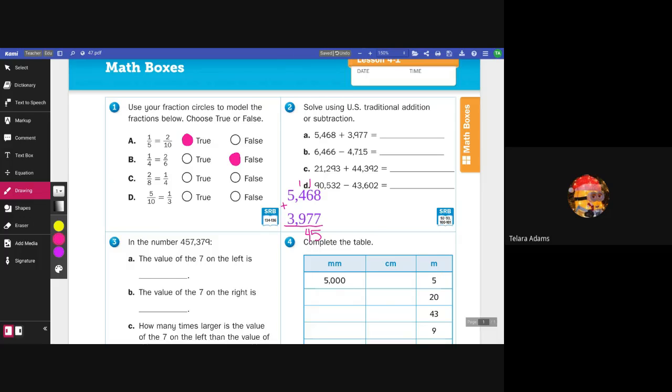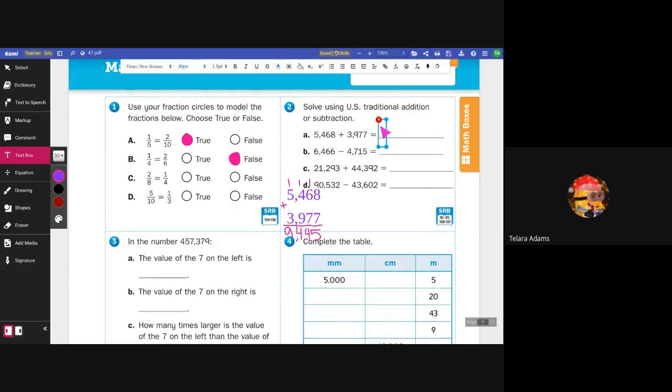Just go ahead and do it right the first time on your paper. 1 plus 4 equals 5. 5 plus 9, 14 again. Don't forget your comma. 1 plus 5, 6. 6 plus 3 equals 9. Using my text box on this line, I am going to type 9,445.